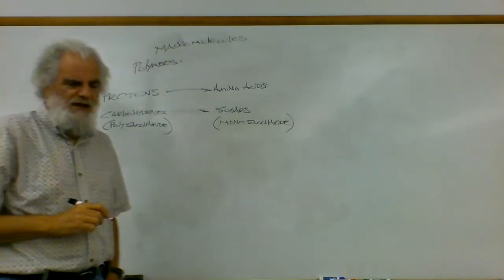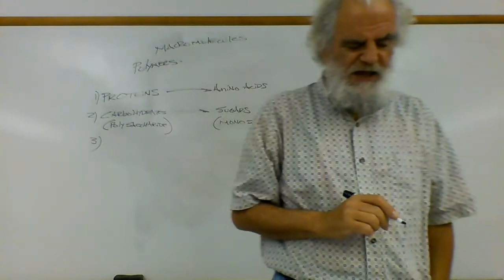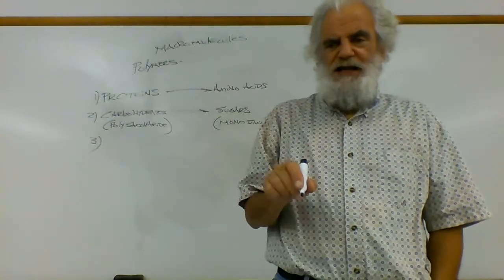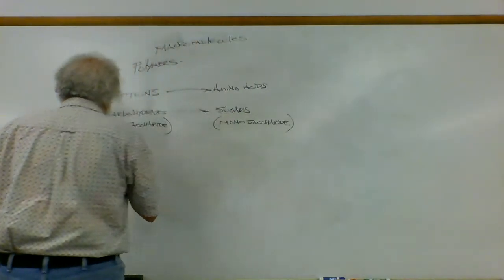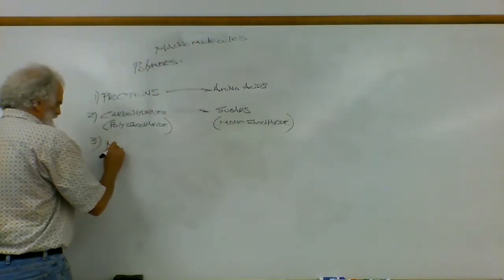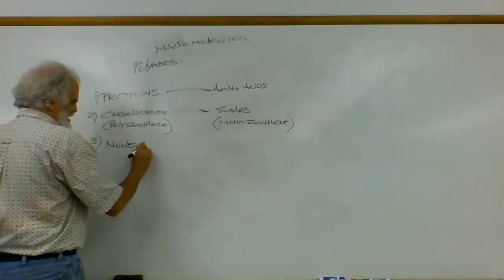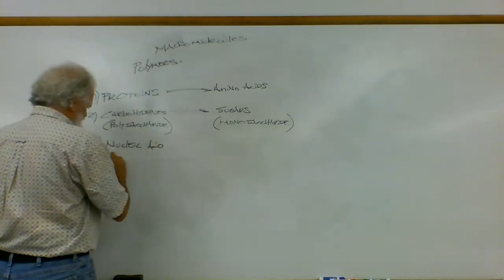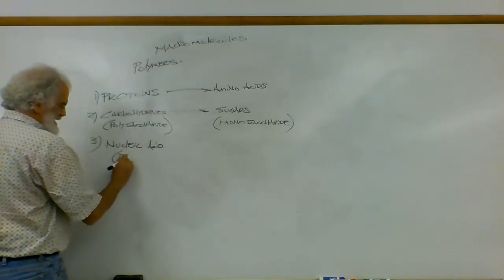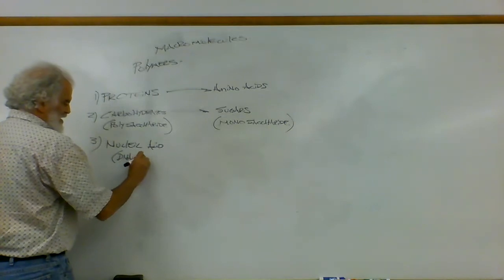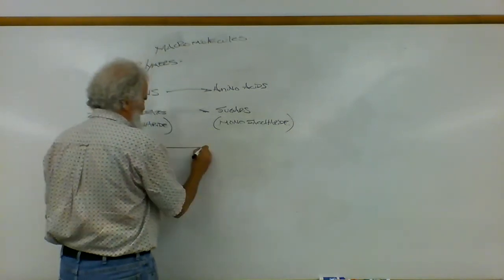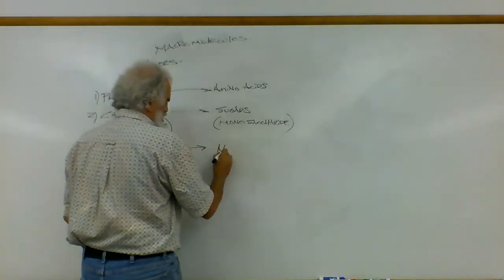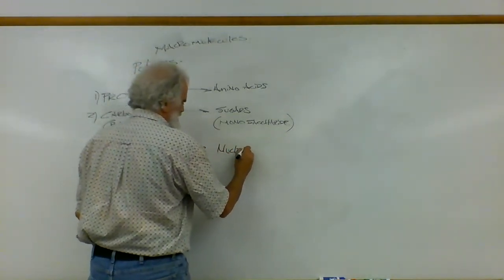Number 2 on our list here is nucleotides and nucleic acids. So the polymer is referred to as a nucleic acid. This is DNA and RNA. And the monomers for these are known as nucleotides.